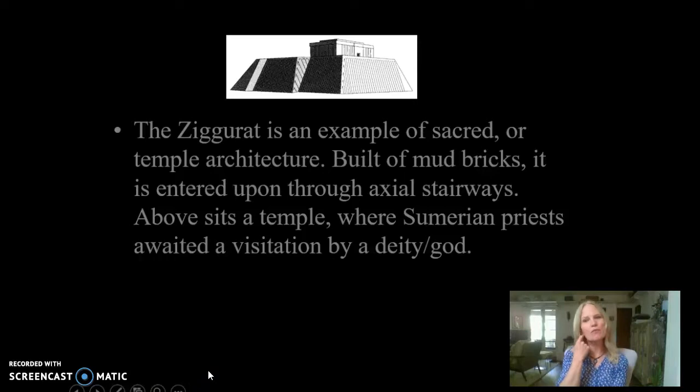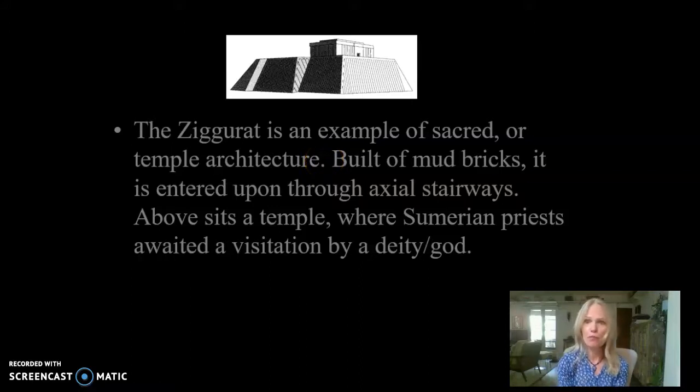Anyway, let's move on to Sumerian architecture, because this is something that flew under the radar for quite a while as evidence of these buildings called ziggurats. They literally disappeared in the sands of time, and a lot of that has to do with the building material they were using. So a ziggurat is an example of sacred or temple architecture.